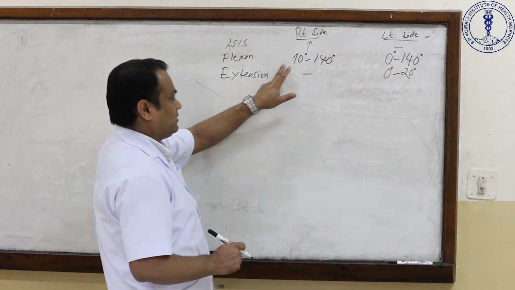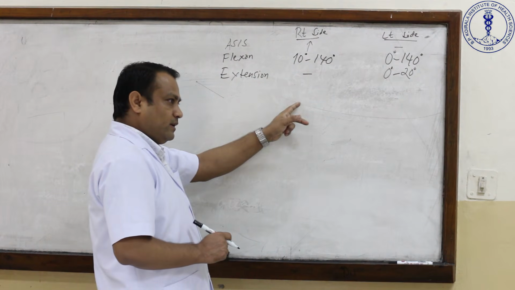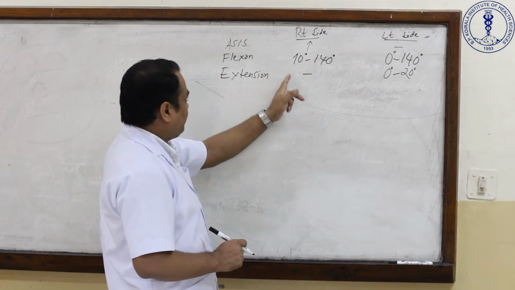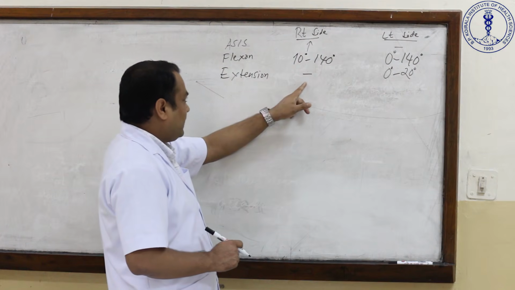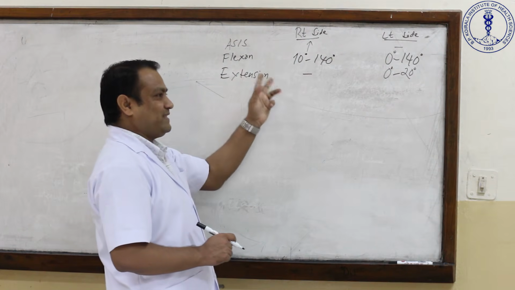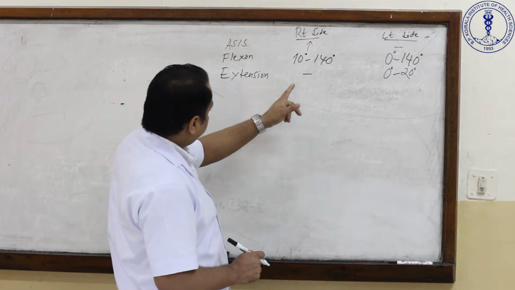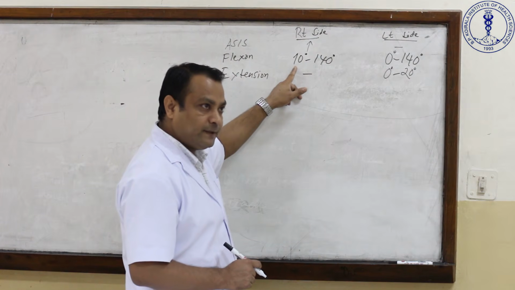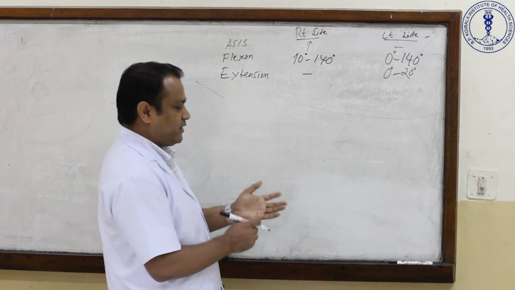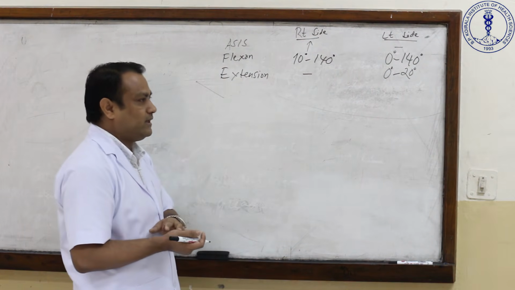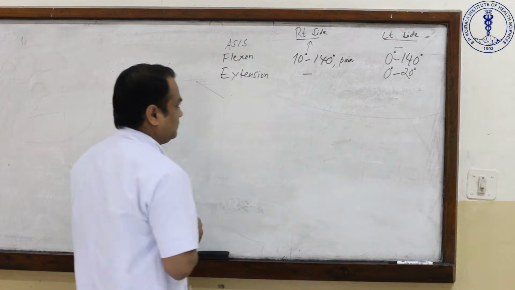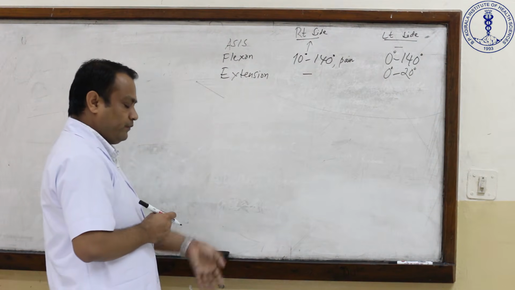The initial 10 degrees loss of flexion here with no extension, that is opposite movement, extension is not possible, and the hip is fixed in 10 degrees of flexion, beyond which you cannot extend, but you can flex from 10 to 140. This means that there is 10 degrees of fixed flexion deformity with further range of motion from 10 to 140 degrees. Sometimes it may be associated with pain, crepitus, or spasm. You can mention here, if it is associated with pain, you just write pain here. Flexion and extension in the sagittal axis.